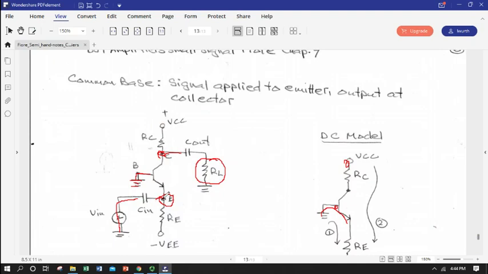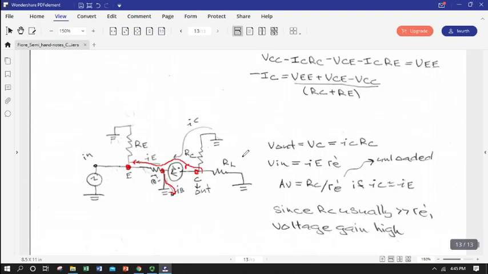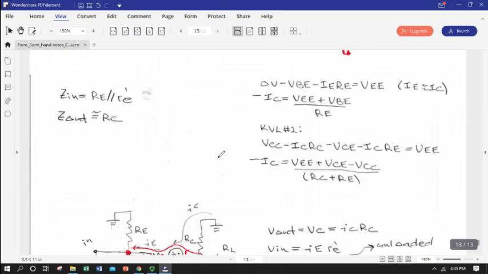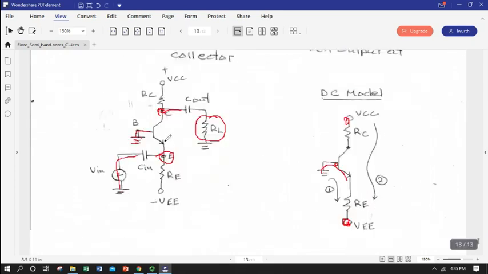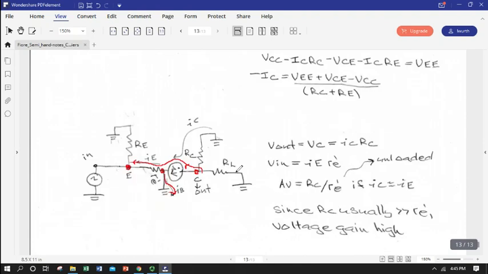So when we get to our emitter, we've got coupling capacitor shorts, and there's our input source, and we can look over here at our supply. At our collector will be a short to ground. Yep, we have our things in the right place. Our load is at the collector, so here's our output.